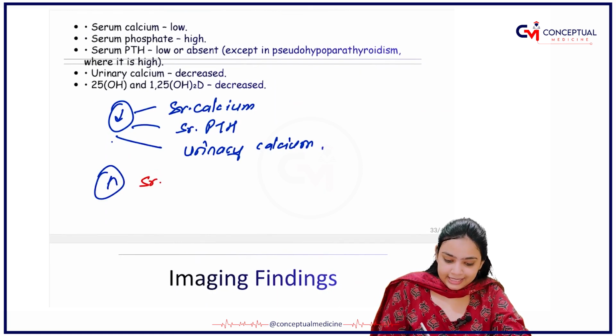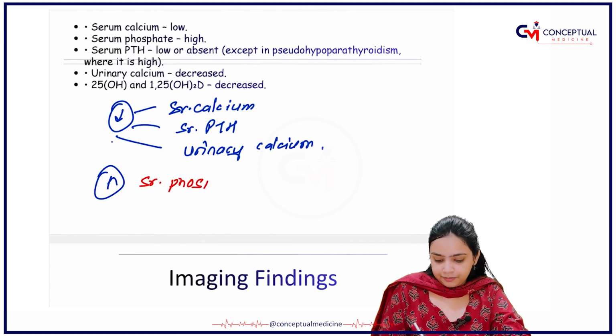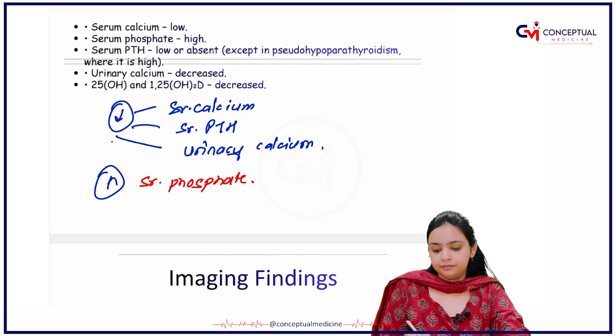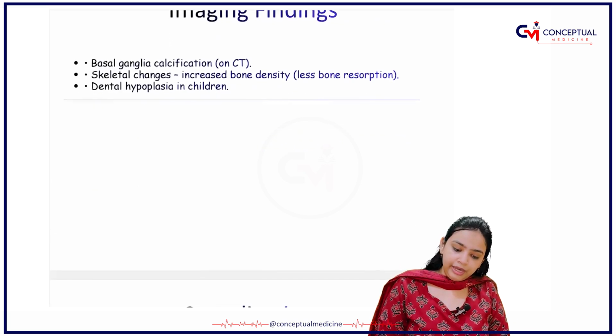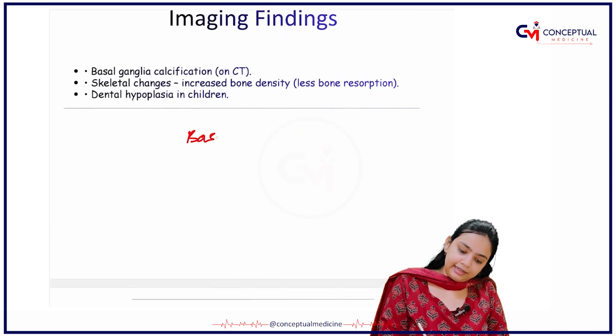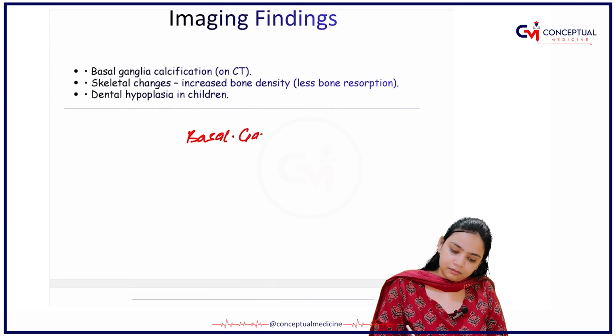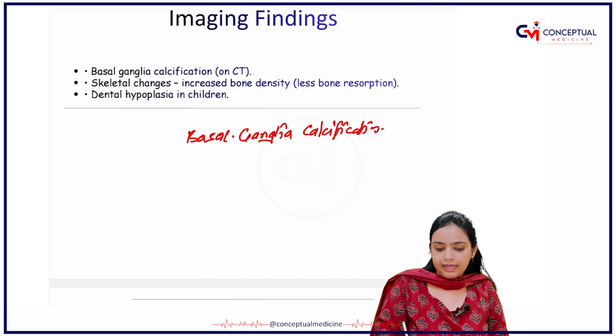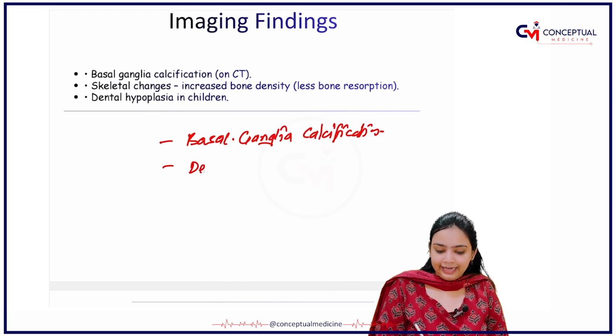Increased level of my serum phosphate. In the imaging, I am able to see there is basal ganglia calcification, and there is dental hypoplasia.